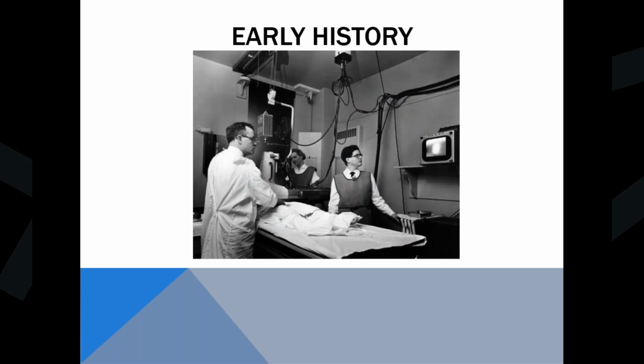Some of the early history of cath labs. This picture's from the 1950s, though it has a lot of similarities to what you might see. Fluoroscopy probably came out sometime in the 40s, but you had to have a special scope and goggles to be able to see the image. This is kind of the first example where they actually had real live video that they would use.